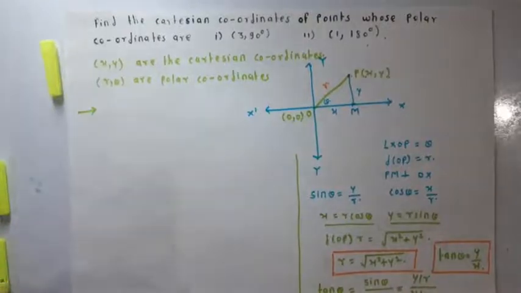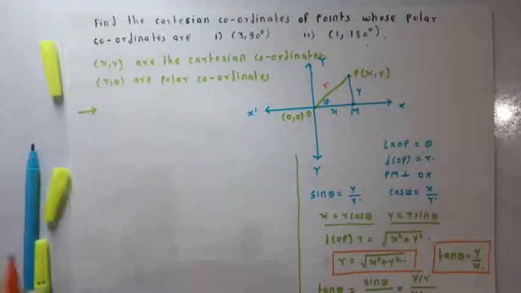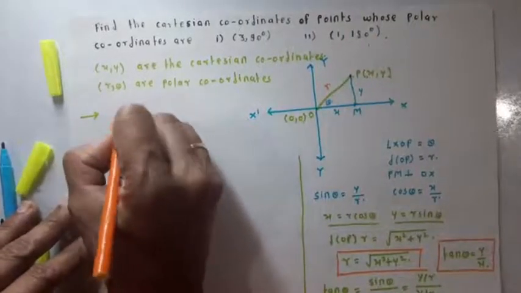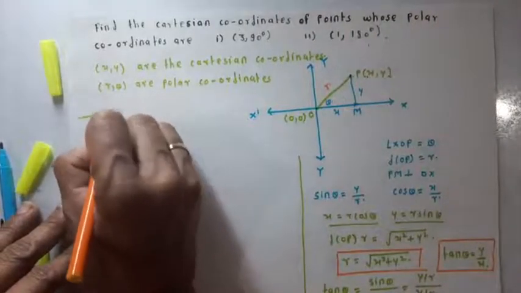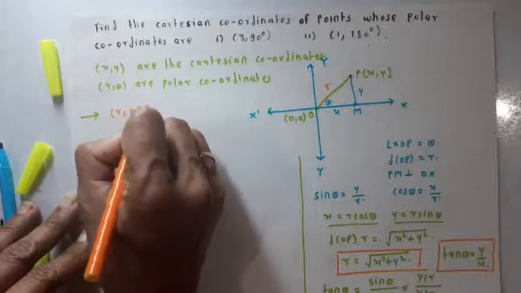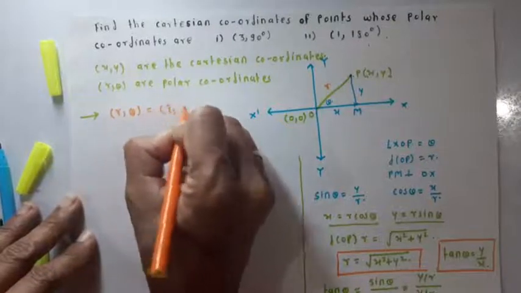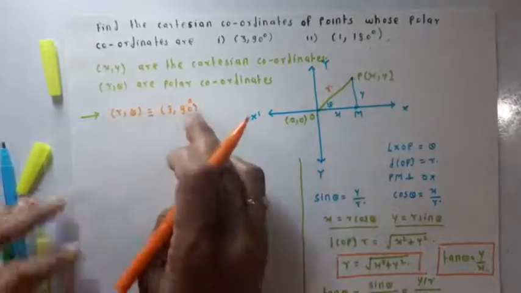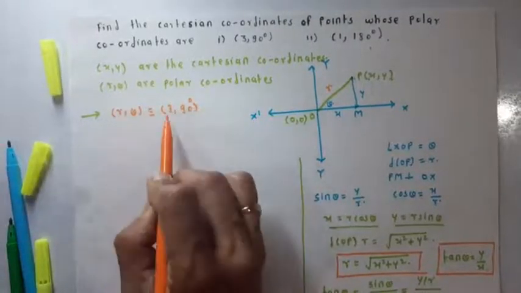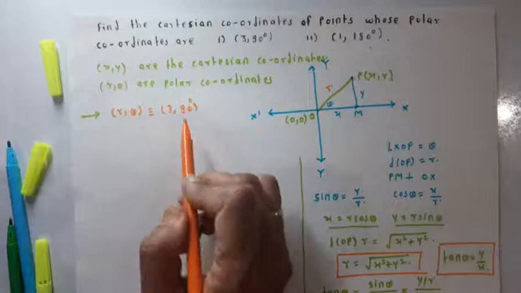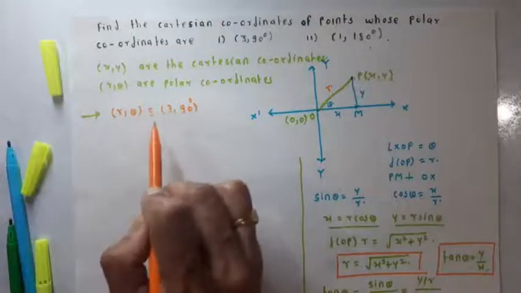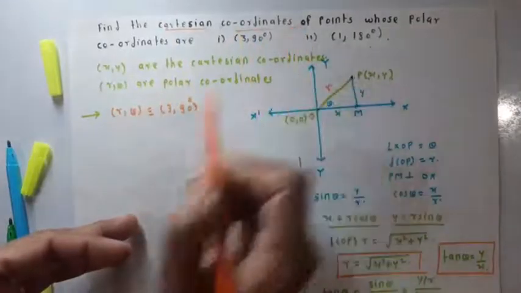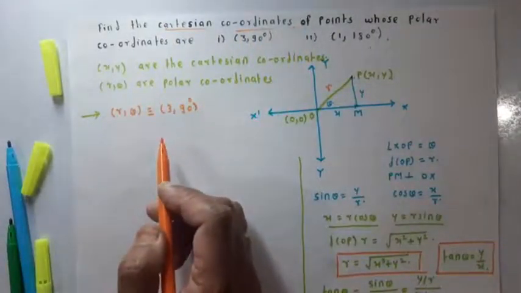In this example, the polar coordinates are given. Polar coordinates means (r, theta), and that is (3, 90 degrees). So r equals 3 and theta equals 90 degrees. By using this, find the Cartesian coordinates, meaning find x and y.